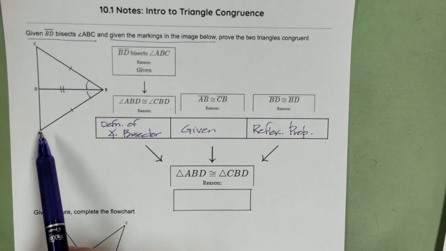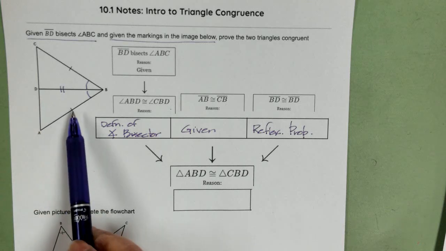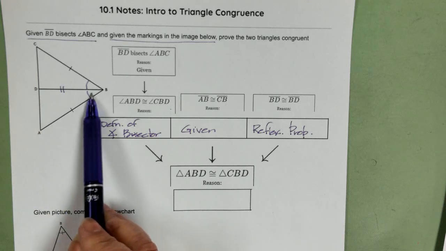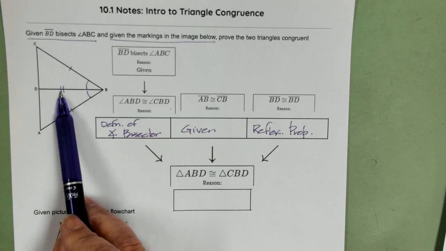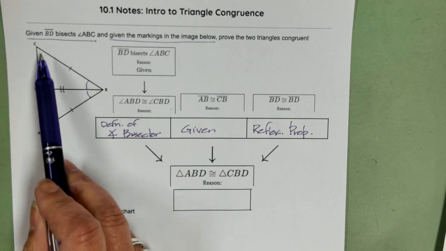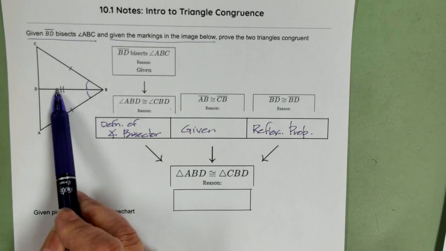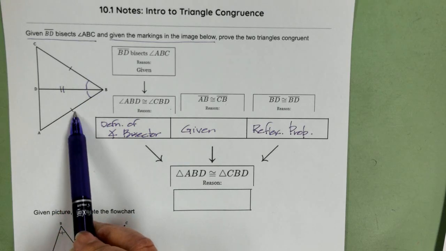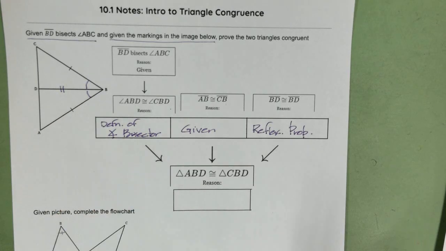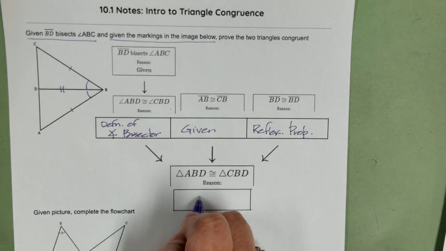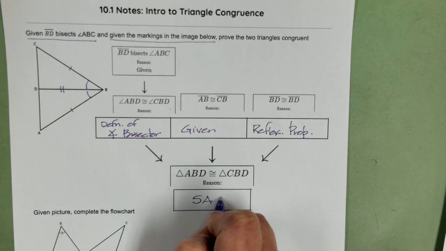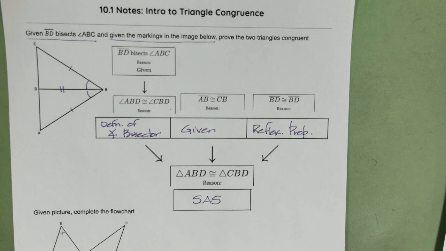If I look at triangle ABD, I have marked side, angle, side. If I look at triangle CBD, I have marked side, angle, side. So the corresponding sides are congruent, corresponding angles are congruent. So this is side-angle-side.